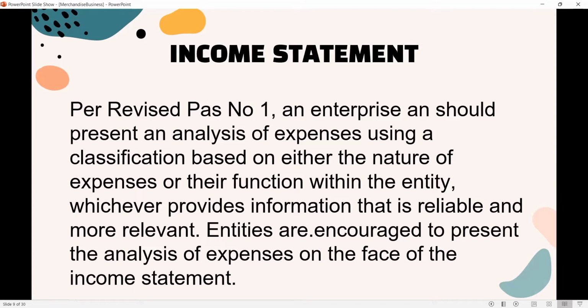Entities are encouraged to present the analysis of expense on the face of the income statement. Siyempre, as an accountant, kailangan we focus on the more reliable, more relevant na informations. It should be reliable and relevant.